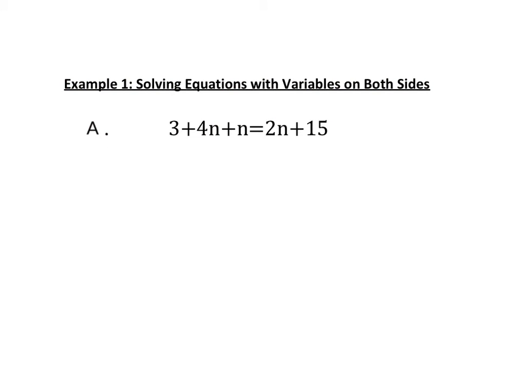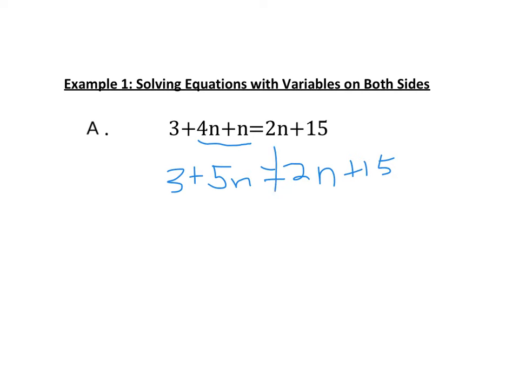Okay, let's look at example A, and what we want to do first is look for anything we can combine, like terms. So right there we have that 4n plus n on one side, so we can add those two together. And at this point we need to make a decision. I always like to try to get our n's onto the side that's going to make it positive.